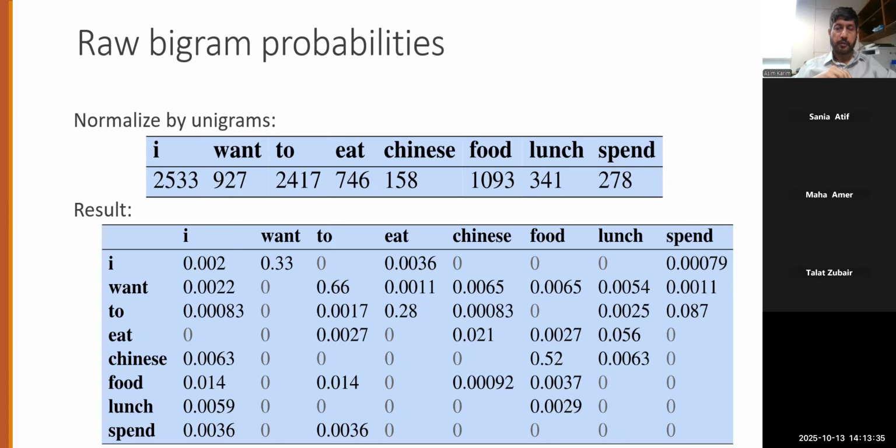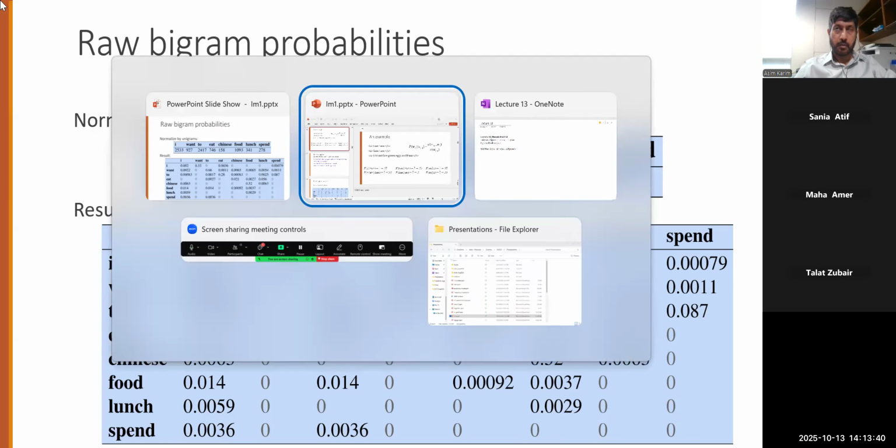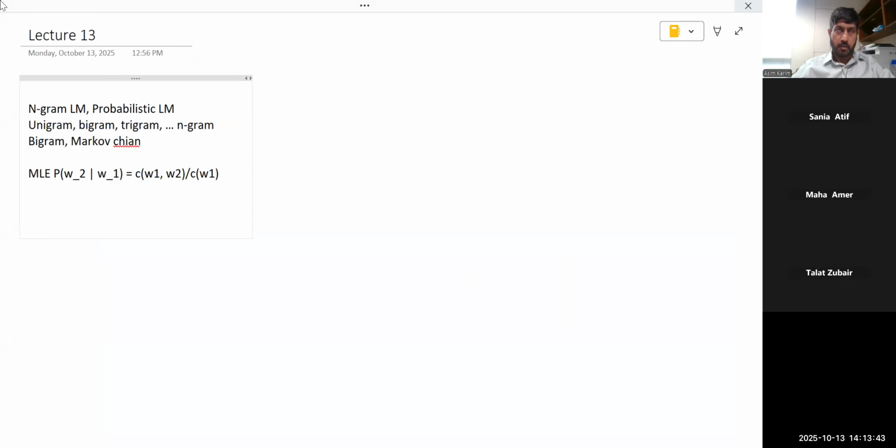So for example, let's say you want to find an estimate of want given I. This is basically count of I want divided by count of I. I don't know the exact number, but I think usually the numerator is 800 something, 820 or 825, and the total number of words I is over 2000, 2500.